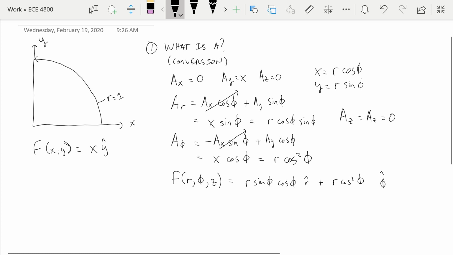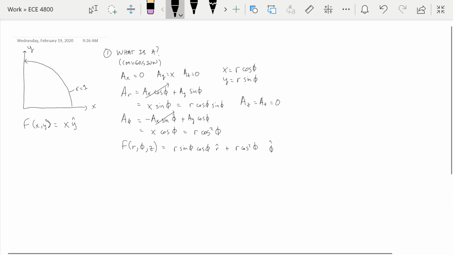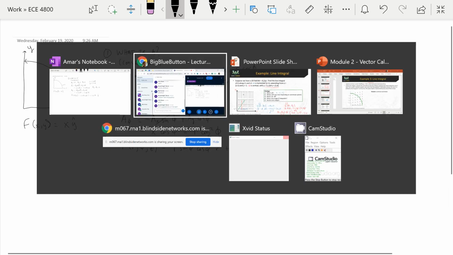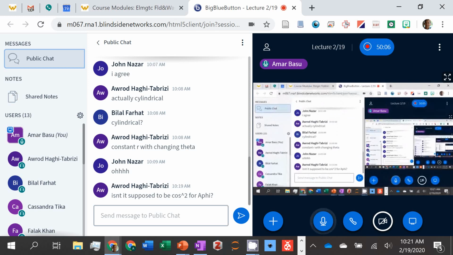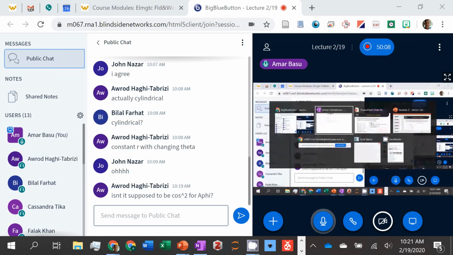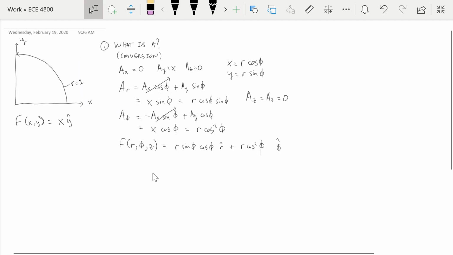All right, so we've converted our field over into cylindrical coordinates. Any other questions? Thank you, Arad, for that correction.